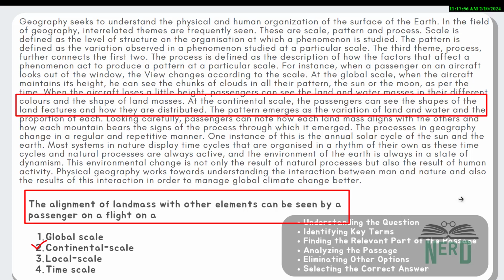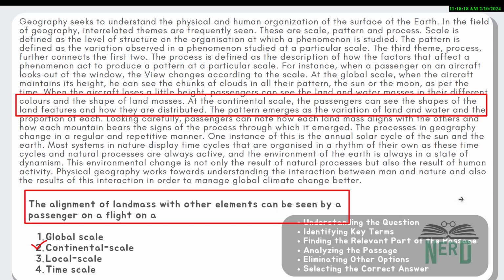Then we have to eliminate the others: global scale, local scale, and time scale, right? Global scale is described as providing views of clouds, the sun and the moon without mention of the alignment of landmass, so we can easily remove this. The local scale is not mentioned in the passage at all, so we're not going to take it, we have to eliminate it.